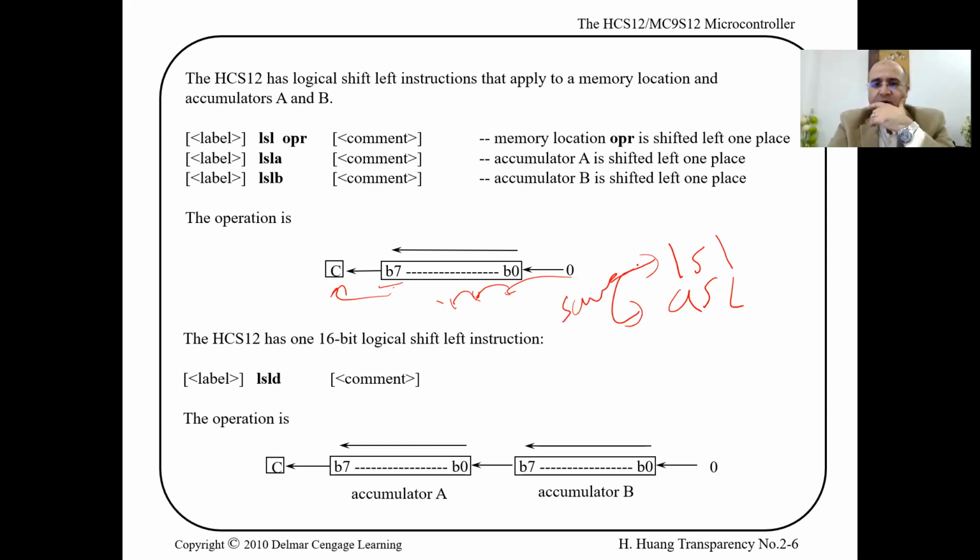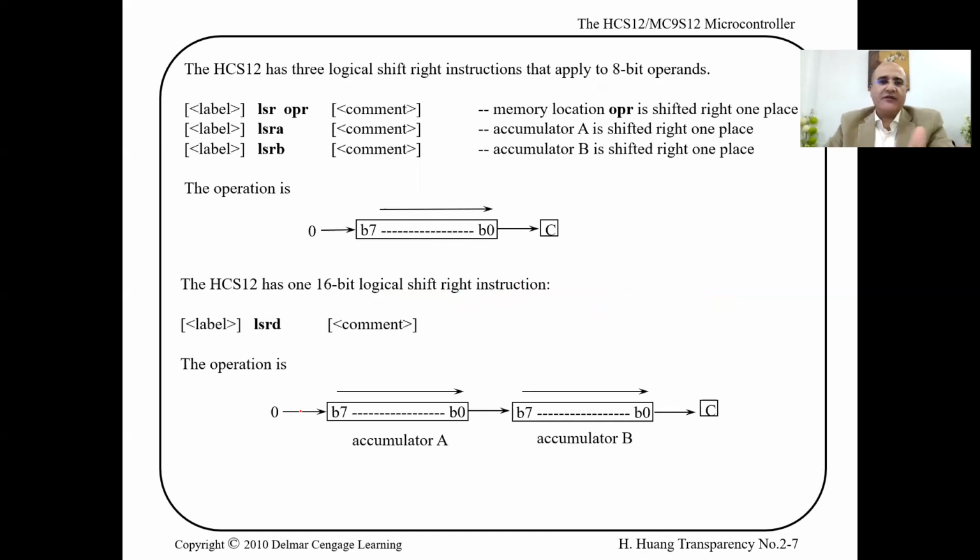Same. You can do it for 16-bit in D. The difference between the arithmetic and the logical shifts is the right operation. In the right operation, you can bring a 0 to the most significant bit, okay? In the arithmetic, you had to bring in what the sign bit was. You had to retain the sign. Here, you can bring a 0 in, okay?